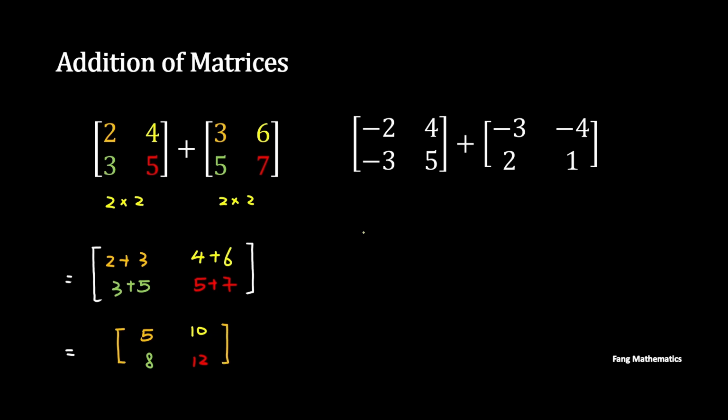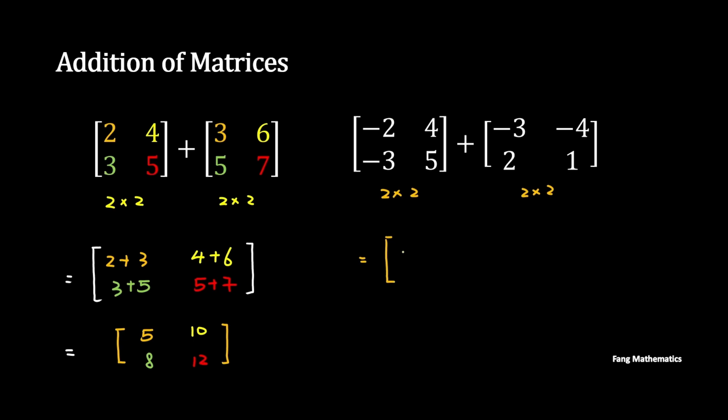Moving on, we are to look at our second example. You have a 2 by 2 matrix and another 2 by 2 matrix. Only then can you start addition. So we are to add their corresponding parts.